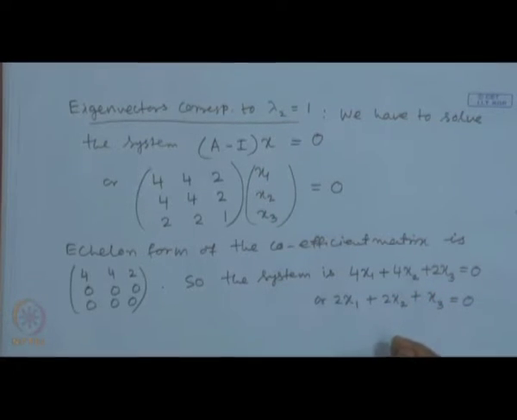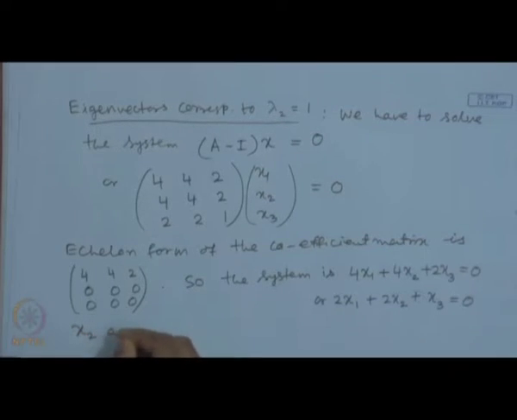So, here we are having only one equation and 3 variables. So, 2 variables are free variables, and x2 and x3 are therefore free variables here.